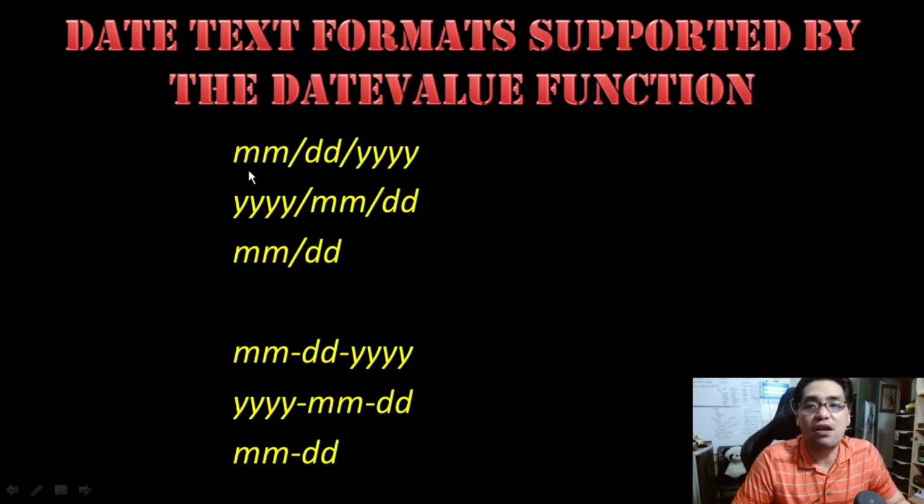So you have the month, MM, day is DD, slash 4 digits for the year, YYYY. So you also have year slash month slash day, or you can have just the month slash the day. Or you can also have not the slash, but rather a dash. So you have a month dash day dash year, or year dash month dash day, or even just month dash day.